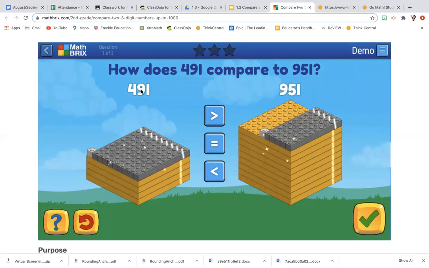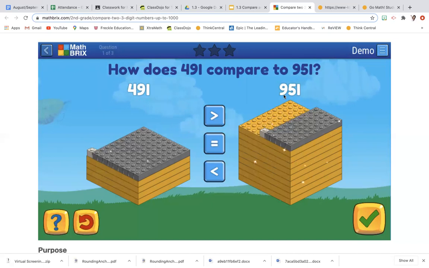But looking at place value too, we can compare the first digit. Looking at the hundreds place, there's a 4 in this number. Looking at the hundreds place here, there's a 9. Which number is greater, 4 or 9? Hopefully you know 9 is greater than 4. But keep in mind that we can compare the 4 to the 9 only because they're in the same place.